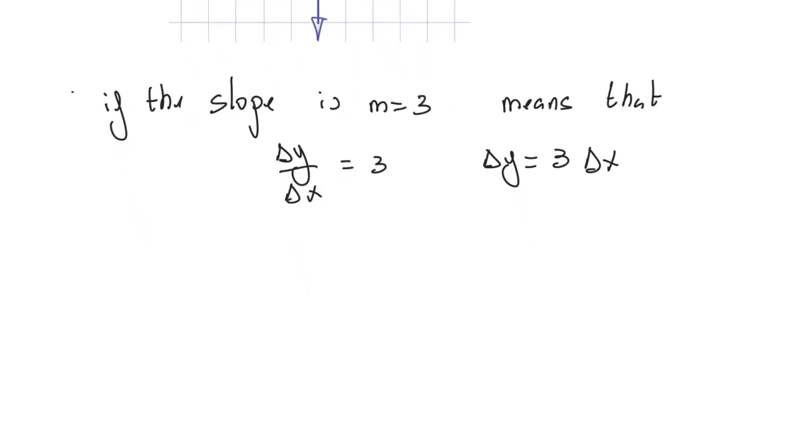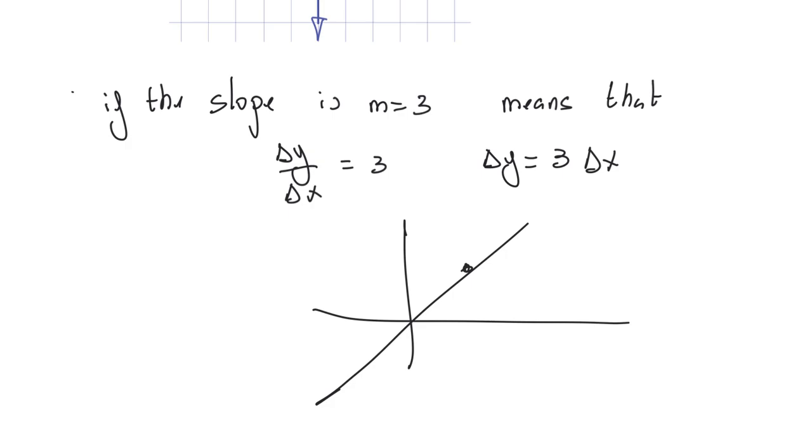You are at a point of the rectilinear line, and you move 1 meter to the right and you go up 3 meters, because if delta x is 1 meter, delta y is 3 meters.